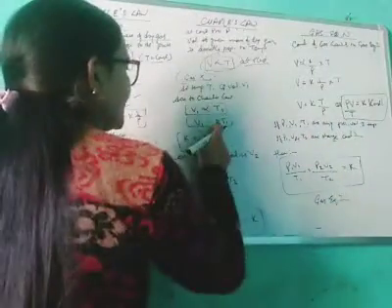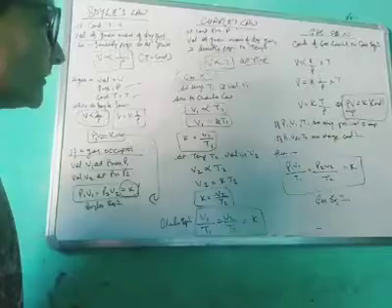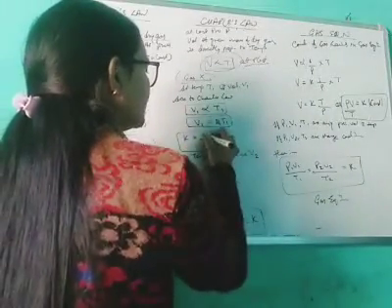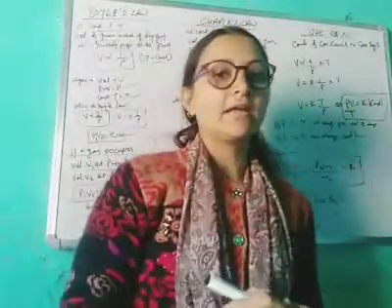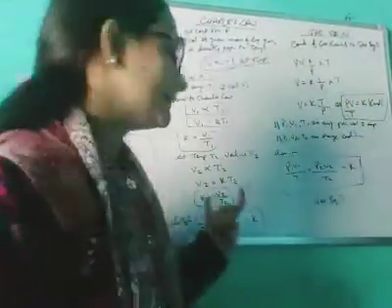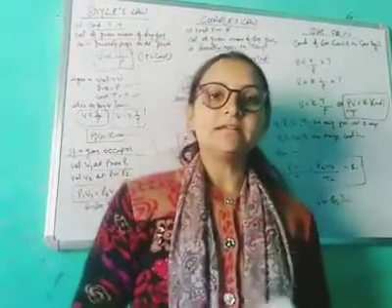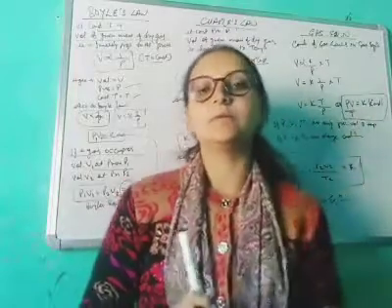So you can write K equals V1 upon T1. Okay, if there is another condition at temperature T2, and then the volume will also change. The volume will become V2.